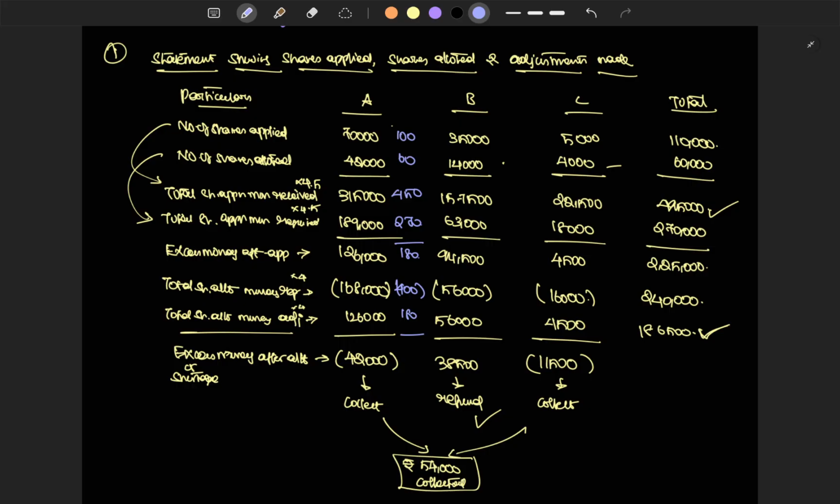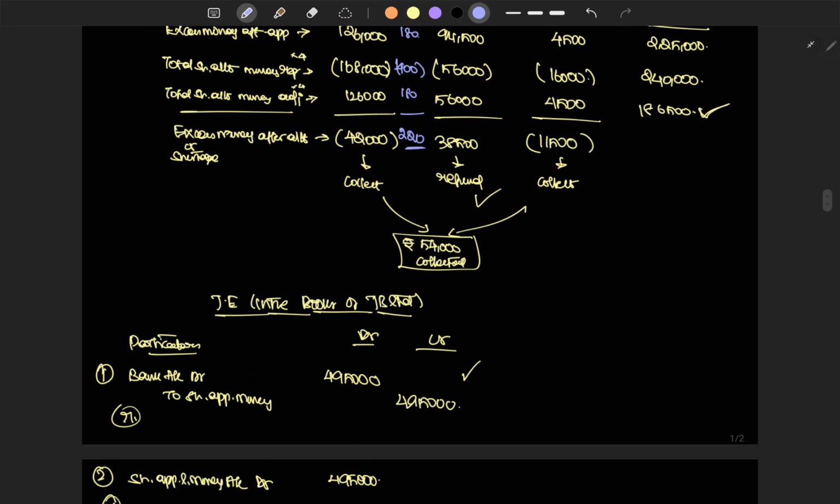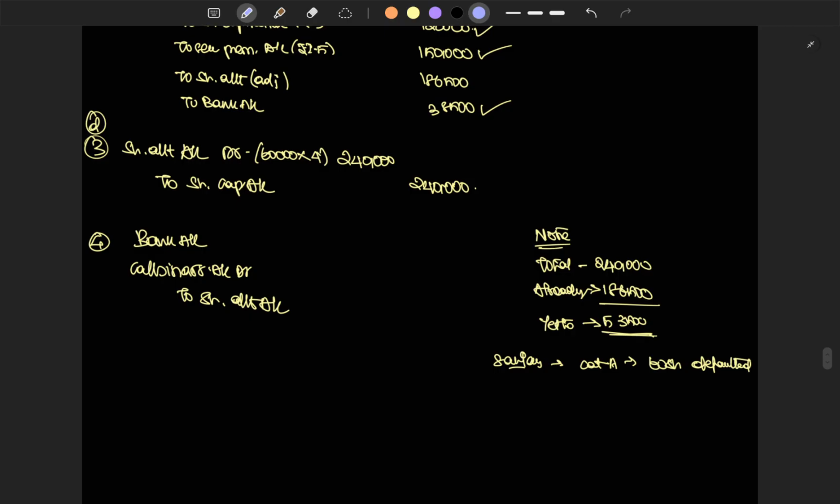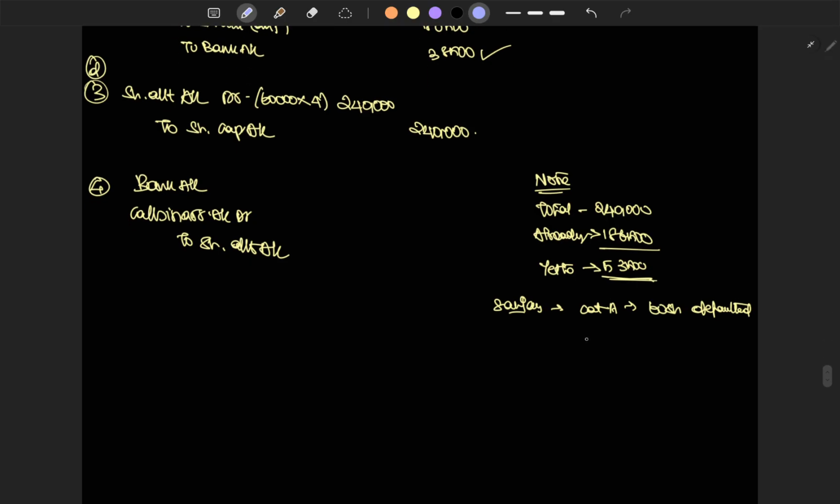Oh, sorry, 220. 220 is the actual money not paid by Sanjay. 220 defaulted.